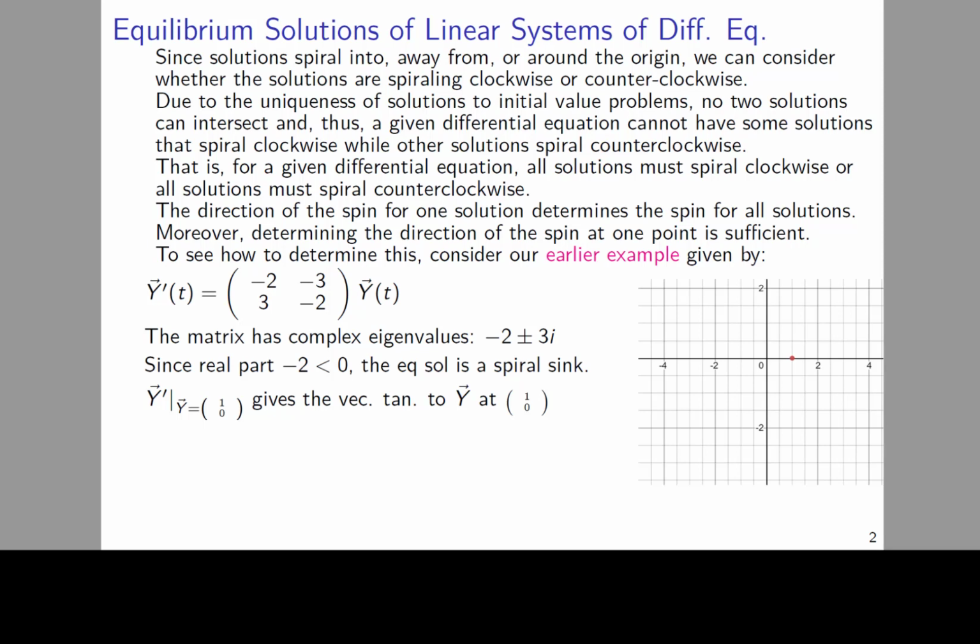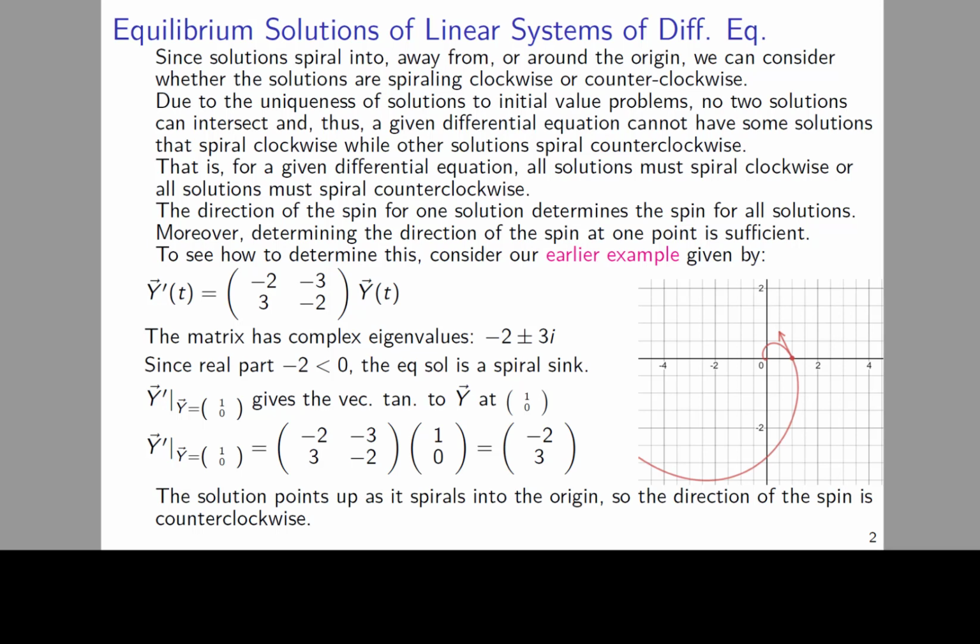We simply picked (1, 0) for its convenience and simplicity. y' evaluated at the point y = (1, 0) is given by the matrix [-2, -3; 3, -2] times (1, 0), which is -2 times 1 plus -3 times 0, or -2 in our first component, and 3 times 1 plus -2 times 0, which is 3 in our second component. So the solution y that passes through (1, 0) is pointed in the direction (-2, 3).